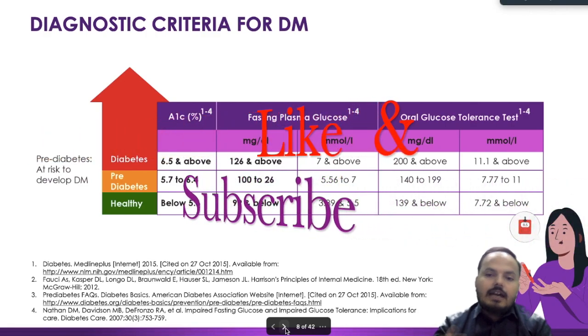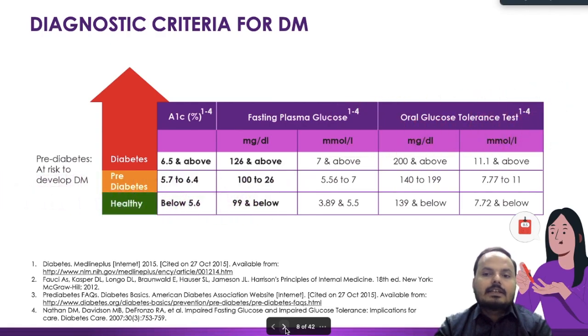If you have symptoms of diabetes like polyphagia, more thirst, increased urination, an increase in appetite, or you have suddenly started losing weight, then you should definitely get your blood sugar tested.